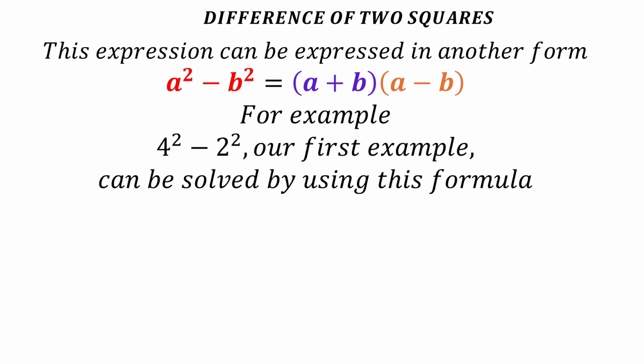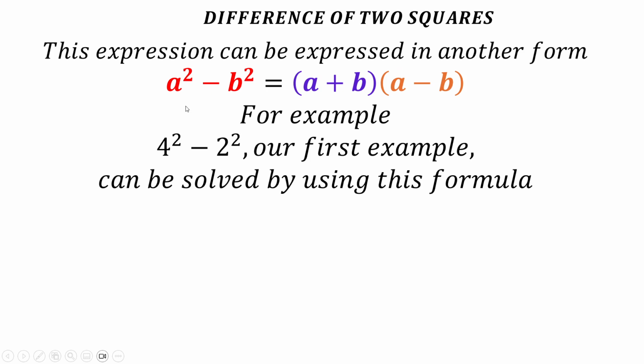This formula is telling us that the first number squared minus the second number squared is the same thing as adding the two numbers and subtracting the two numbers, then multiplying the results. Sorry, it's not adding, you multiply. So you add a to b, subtract b from a, then multiply the results you get.